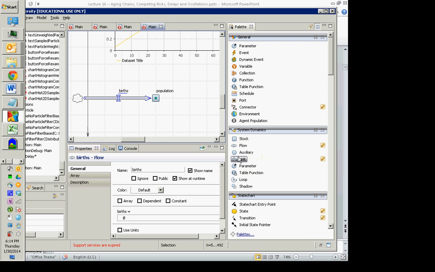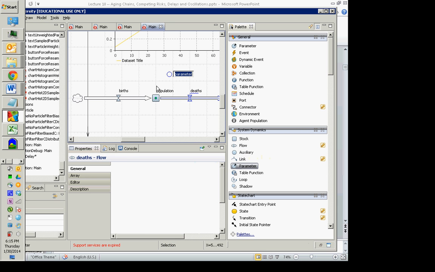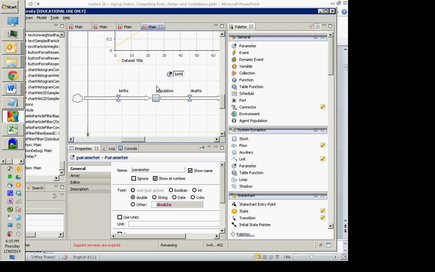We'll have a mortality rate so that it affects deaths, and we'll have a birth rate. So I'm going to connect this.